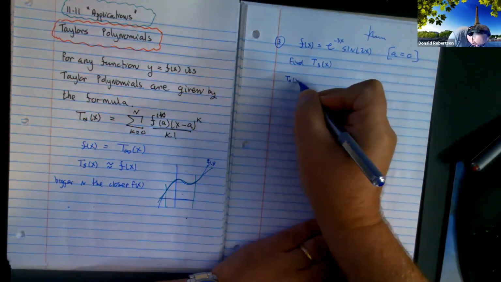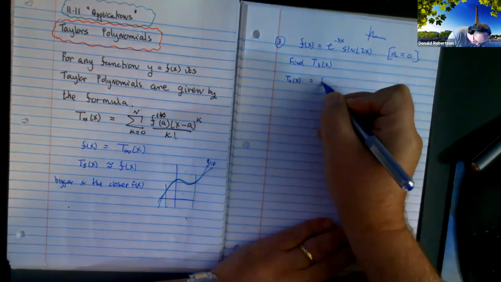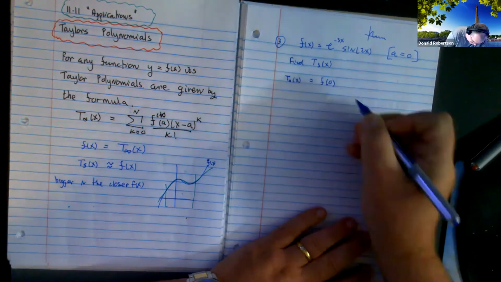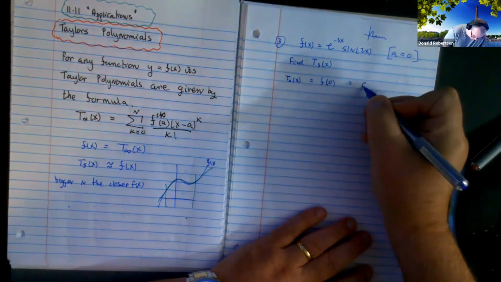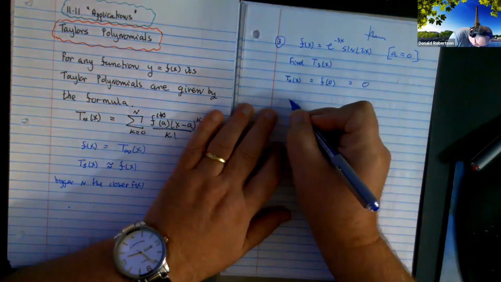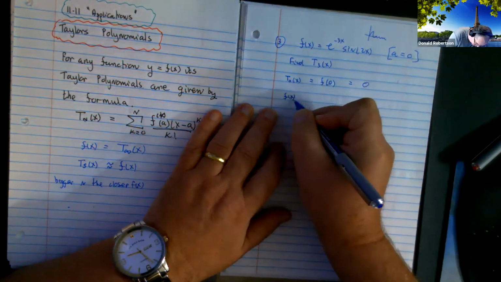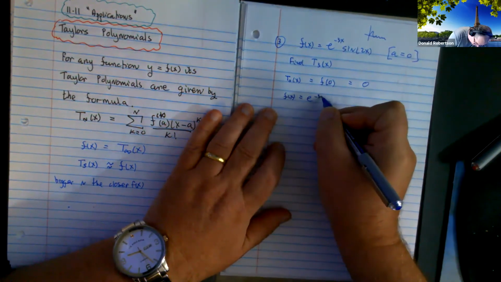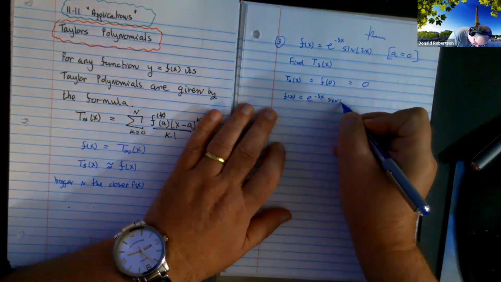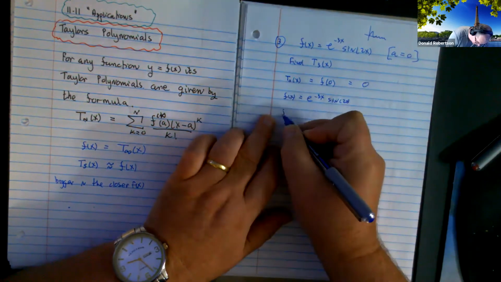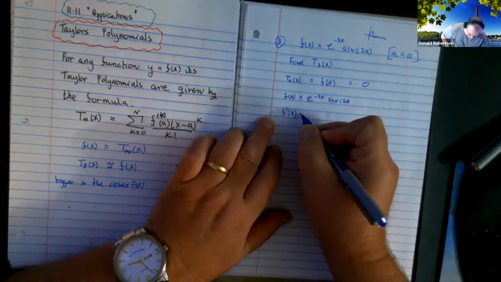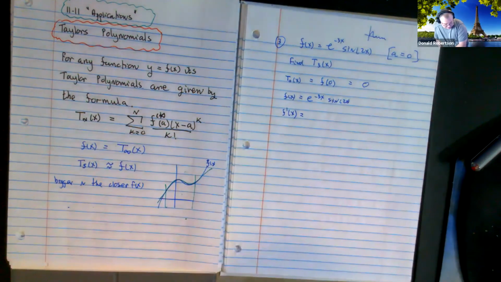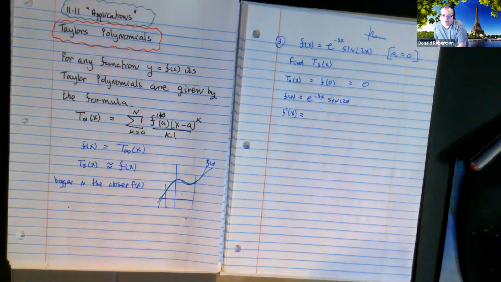T0 of x is f of 0. In this case, it's 0. I need to find the first derivative. And then I need to find the second derivative. And then finally, I need to find the third derivative.